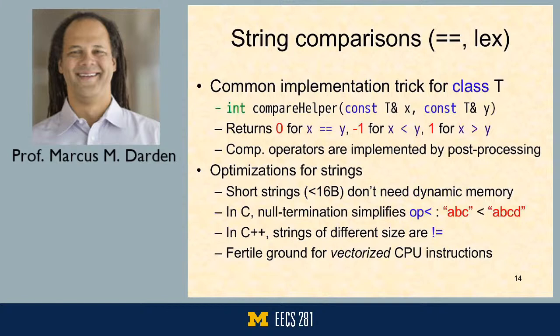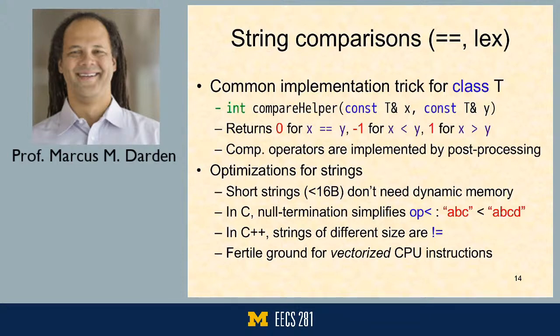In string comparisons, if I've got equals equals or lexicographic comparison, a common implementation trick for some class is to take some compare helper. I've got some compare helper that's going to take these two things, and I end up with what we call a three-way comparison.